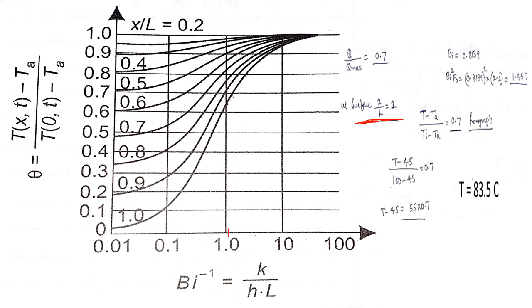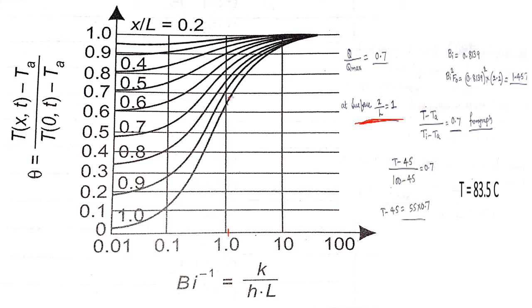So x divided by L is equal to 1. So let this be the graph. Where this graph intersects x equals 1, it will be somewhere nearer to here. If we come straight away here, this graph will intersect at this point.